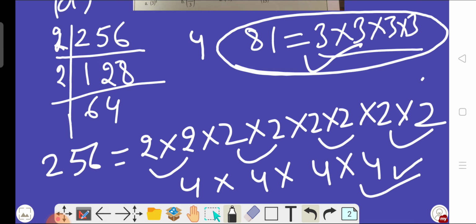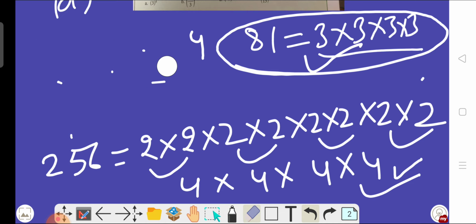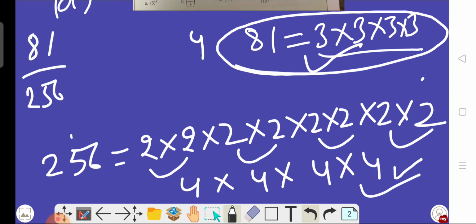So the exponential form of the given rational number 81 by 256 is 3 raised to the power 4 over 4 raised to the power 4.